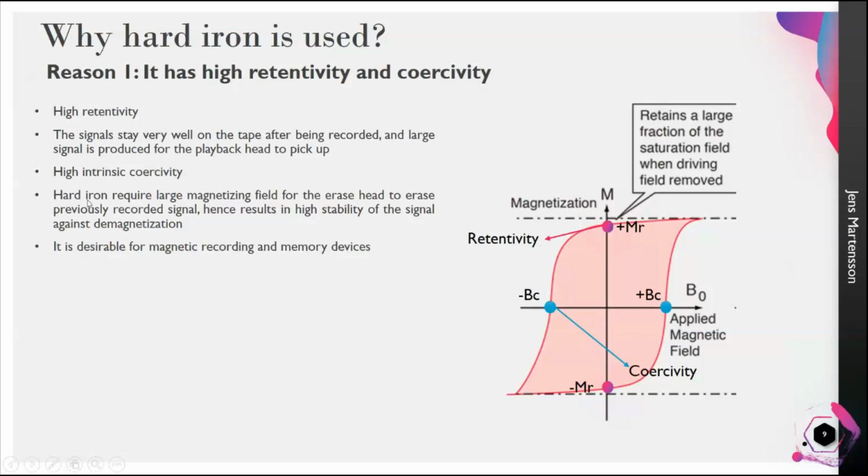It means that hard iron requires a large magnetizing field to erase previously recorded signals, hence resulting in high stability of the signal against demagnetization. So it's due to that hard iron is very desirable for magnetic recording and also memory devices.